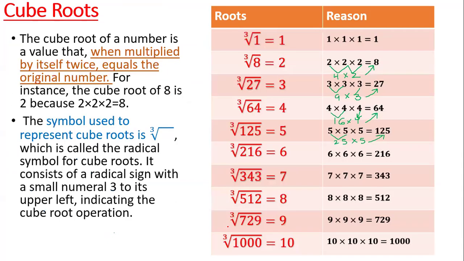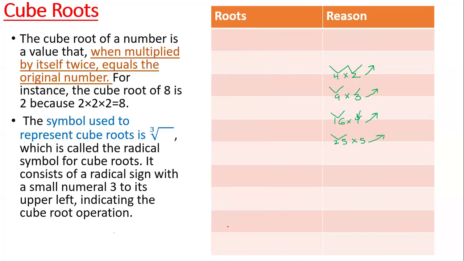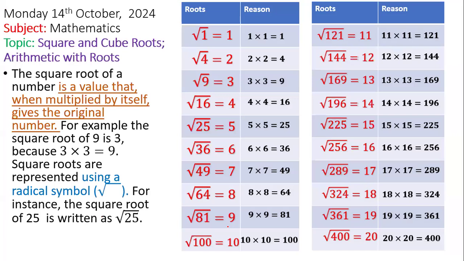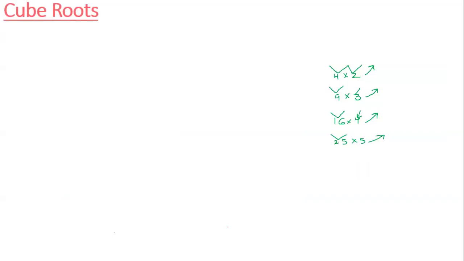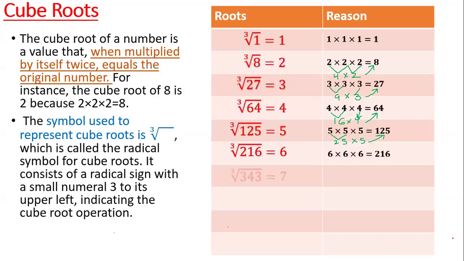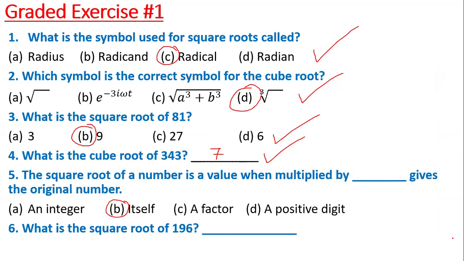If we look at our chart, the square root of 196 is 14, because 14 times 14 is 196. So for number 6, the answer is 14.